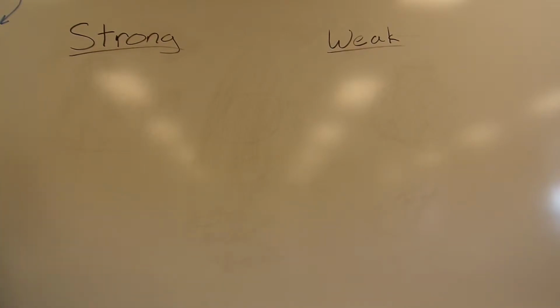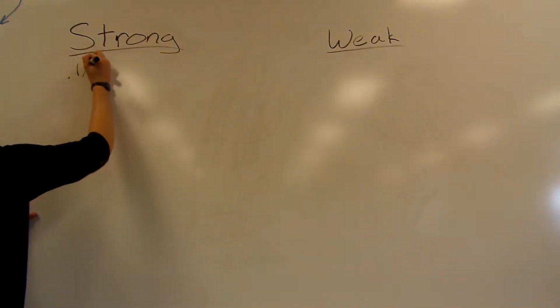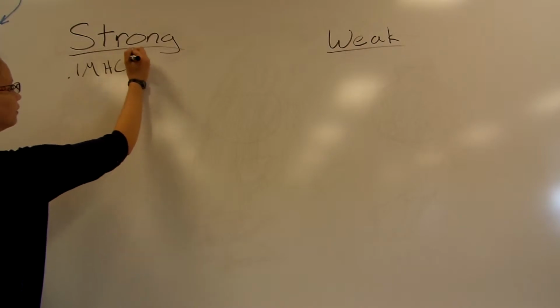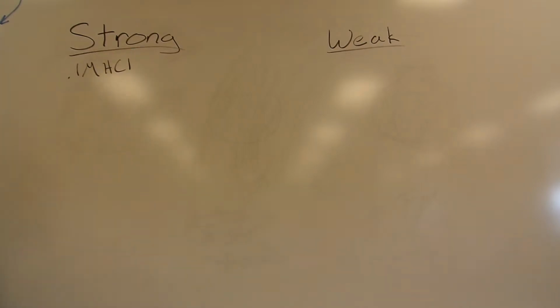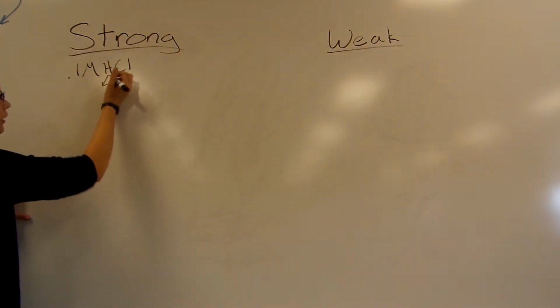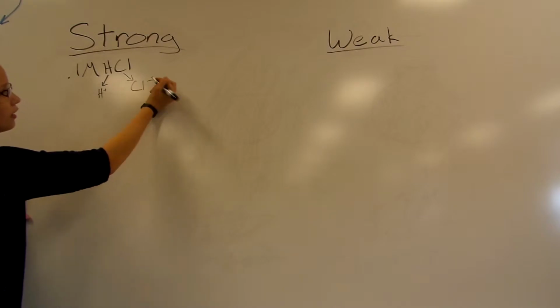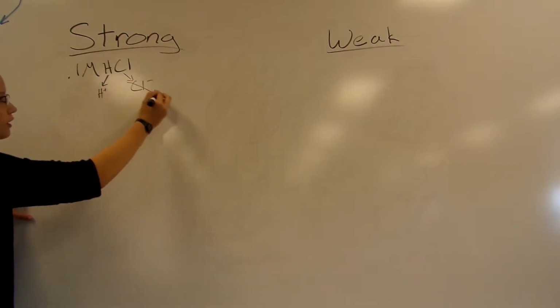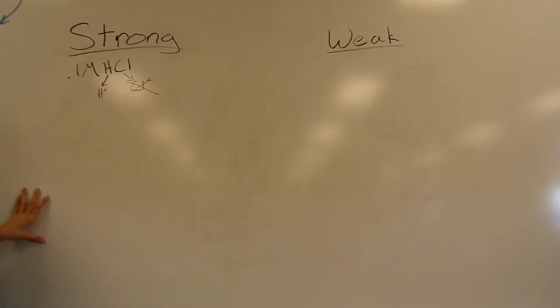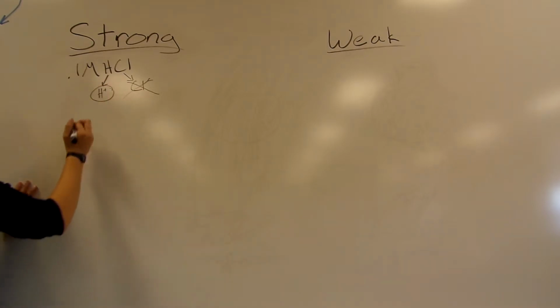Let's do some practice problems with figuring out the pHs of strong and weak acids. For our strong acid, we're going to use 0.1 molar HCl, and we're going to be looking for the pH. We know that HCl will completely break up into H plus and Cl minus. And we also know that the Cl minus will not carry any acidic or basic properties, so we're left with just the H plus.